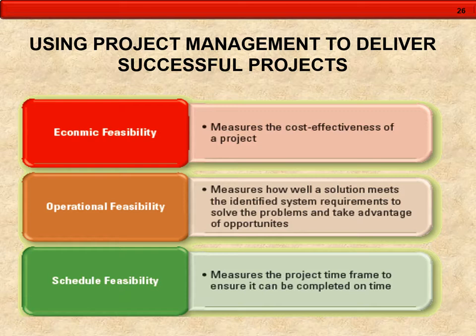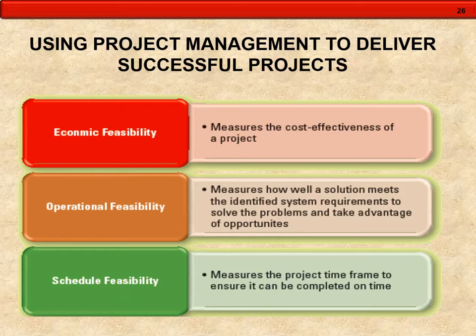Economic feasibility measures the cost effectiveness of a project. Operational feasibility measures how well a solution meets the identified system requirements to solve a problem. Schedule feasibility measures the project time frame to ensure it can be completed on time. In other words, do you have enough resources being allocated to be able to meet the deadline?